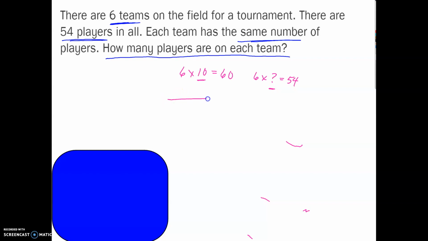Okay? So something else that I was thinking. I know that 6 teams with 10 players on each team is a total of 60 players. 60 players. And I subtract 1 group to have 6 groups of 9. So I'm going to subtract 1 group of 6, and I'm going to get 54.